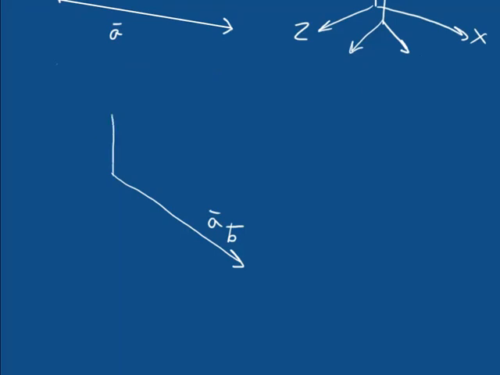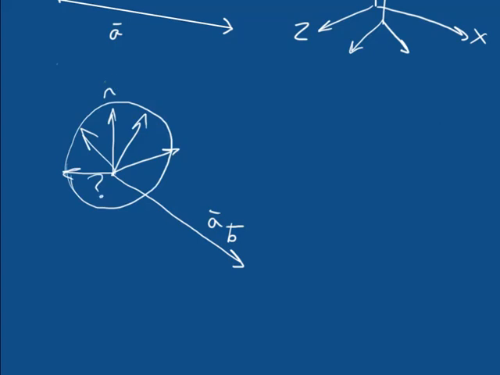We could have a vector that points up here, it's going to be perpendicular to both. We could have a vector that sticks out here, it's perpendicular to both. We could have an infinitely large selection of vectors that sort of form a circle of vectors, if you will, for our n vectors.